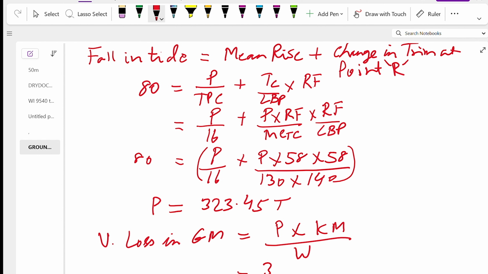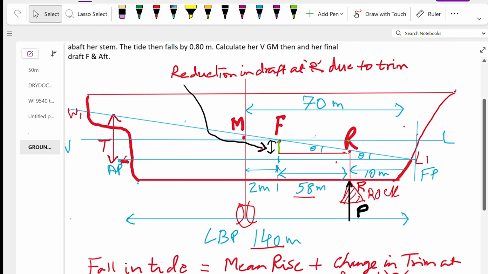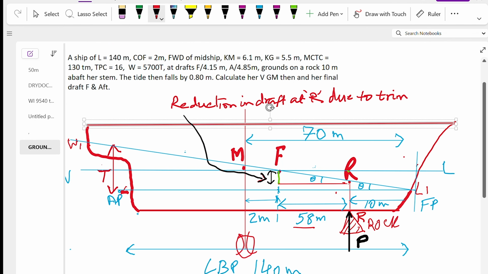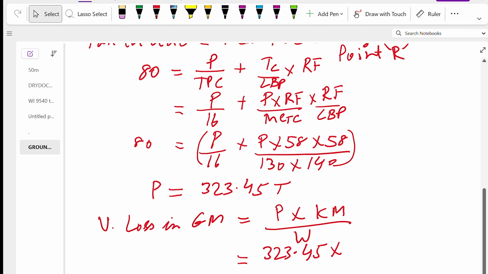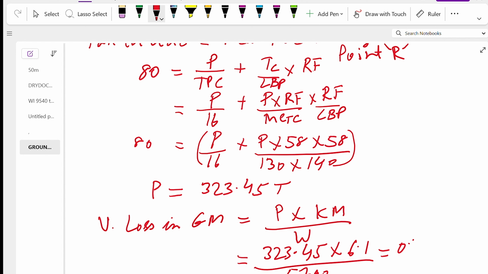We have found P 323.45 and KM is given in the question 6.1. Divide by original displacement 5,700. This virtual loss comes out to be 0.346 meter.